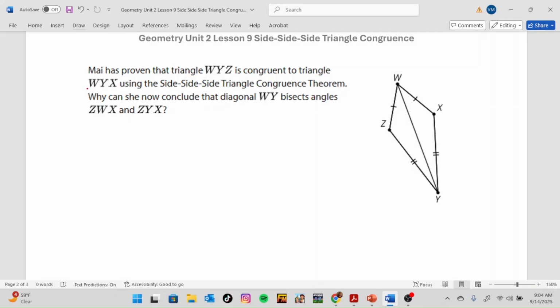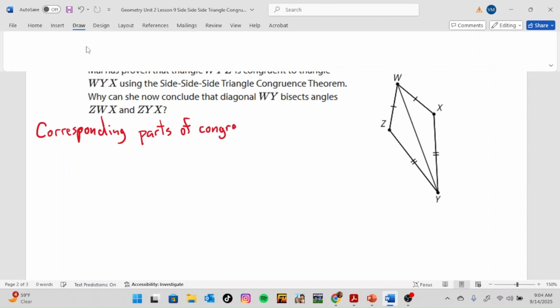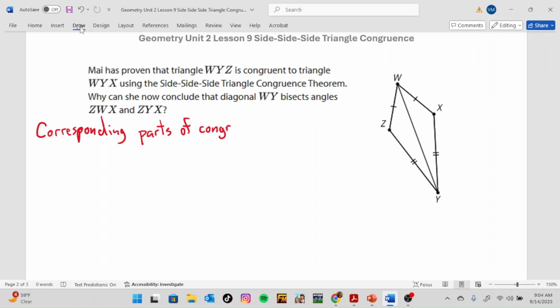So, if she has already proven that the two triangles are congruent, then we can go to the next step, which is that corresponding parts of congruent triangles are congruent.